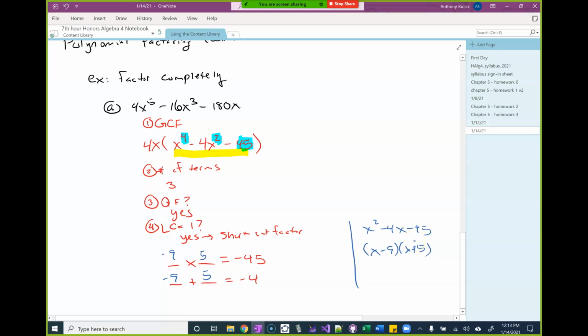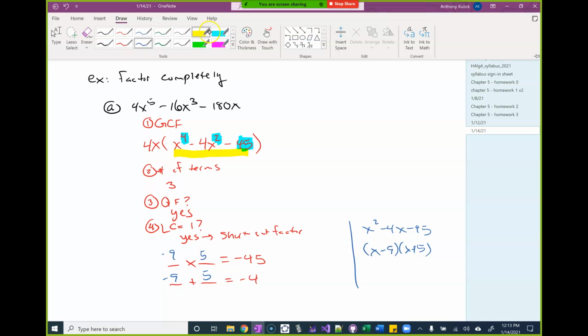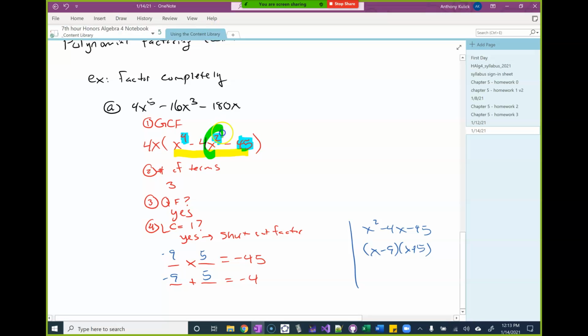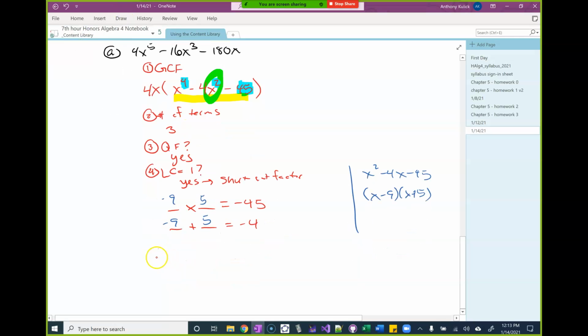Here, though, we have x to the fourth minus 4x squared minus 45. Basically, the only difference comes, instead of writing x minus 9 and x plus 5, we're going to write x squared minus 9 and x squared plus 5.